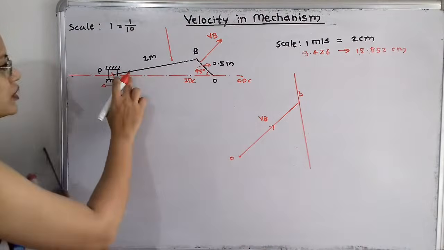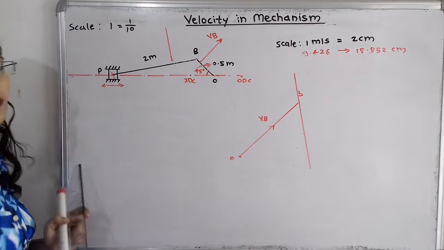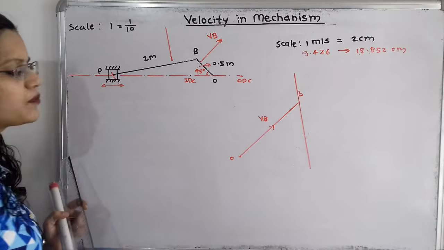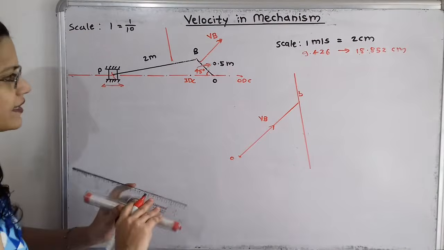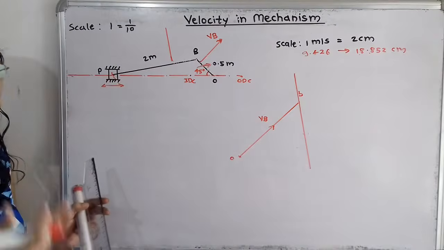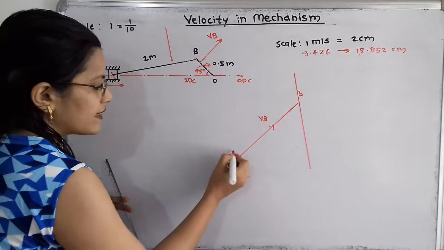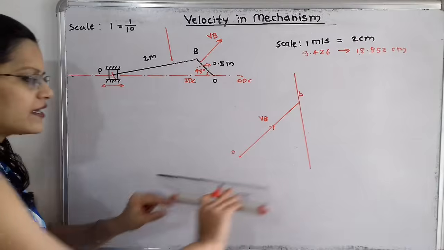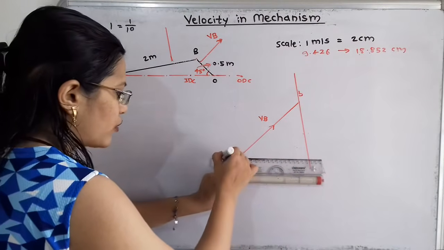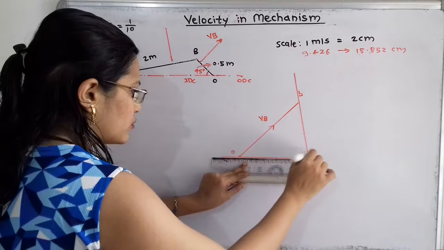The direction of motion is horizontal and it is passing through O. So I have to draw one horizontal line passing through this point O. Currently I don't know on which side I have to take the horizontal line, so I will draw the horizontal line on both sides.